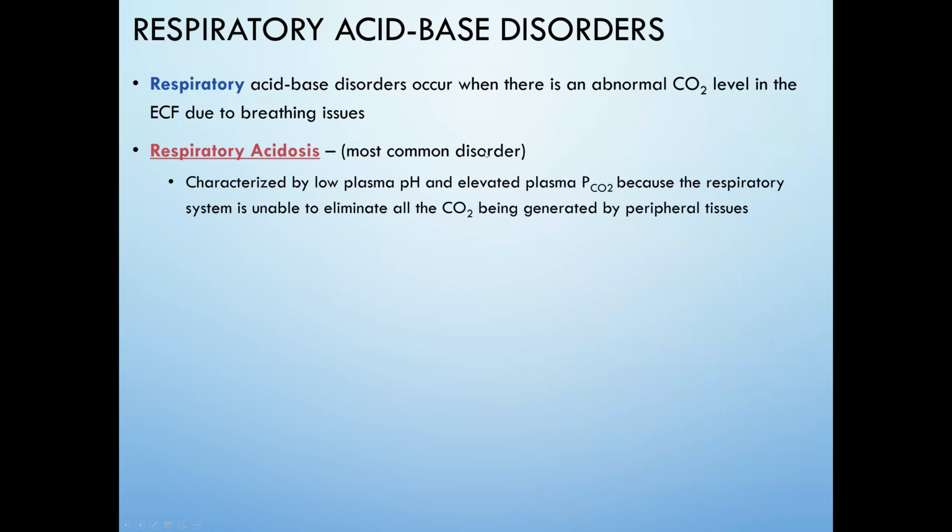So respiratory acidosis is characterized by low plasma pH and elevated plasma carbon dioxide levels because the respiratory system is unable to eliminate all the carbon dioxide that is being generated by peripheral tissues. Remember, every cell of the body is making carbon dioxide every second of every day. So hypercapnia is the term that refers to elevated levels of carbon dioxide in the blood.